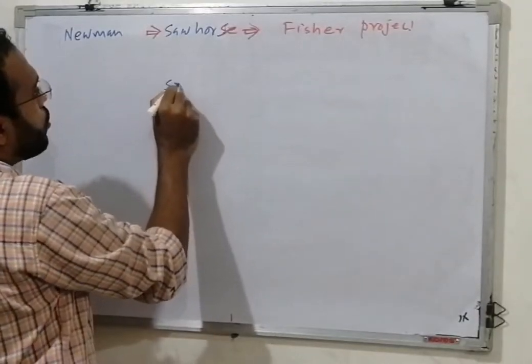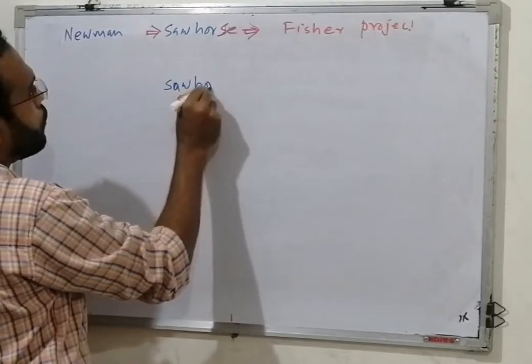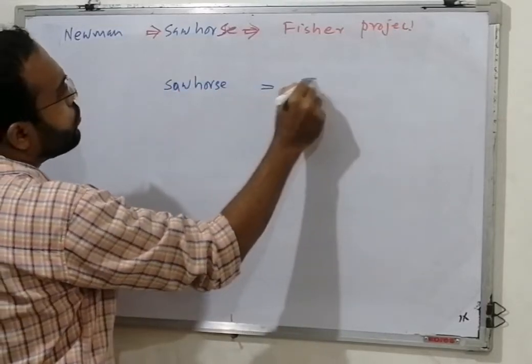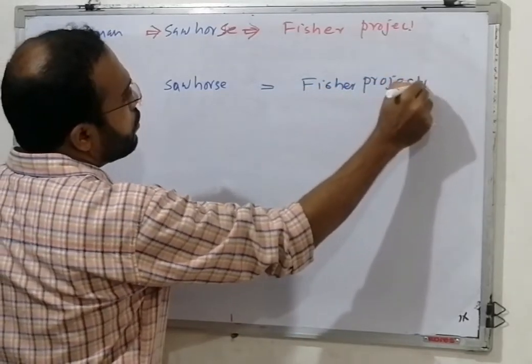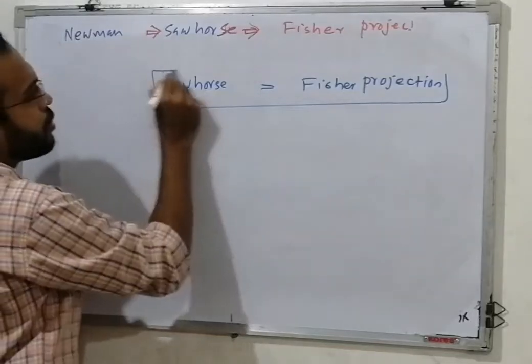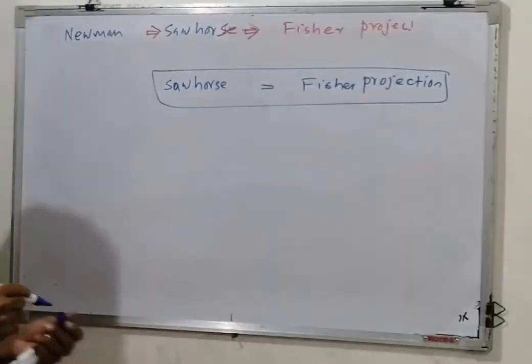Sawhorse down is equal to Fischer projection. This is very important. Sawhorse down is equal to Fischer projection.